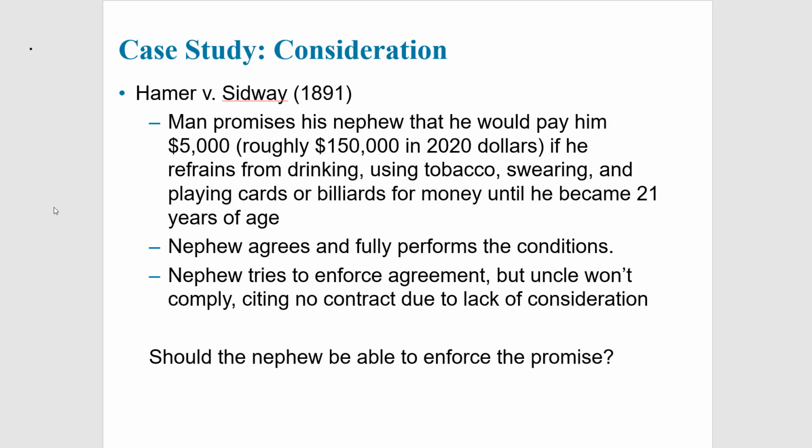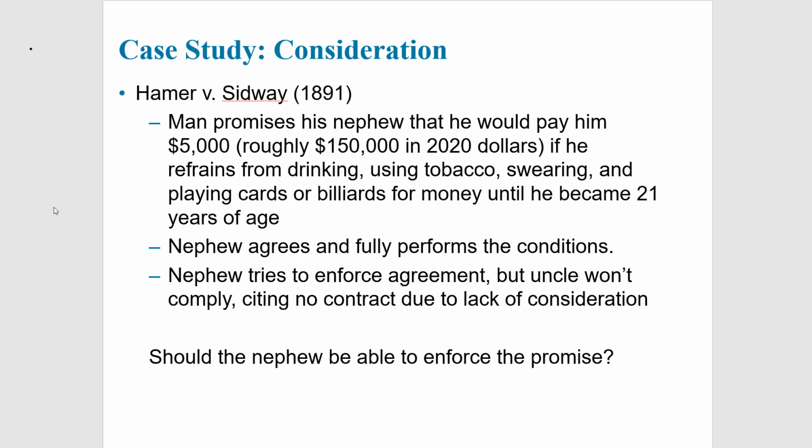So let's contrast that with a different case, Hamer versus Sidway. This happened in 1891. A man promises his nephew that he would pay him $5,000, which would equate to about $150,000 in today's dollars, if he refrains from drinking, using tobacco, swearing, and playing cards or billiards for money until he became 21 years of age. So the nephew agrees and performs the conditions.